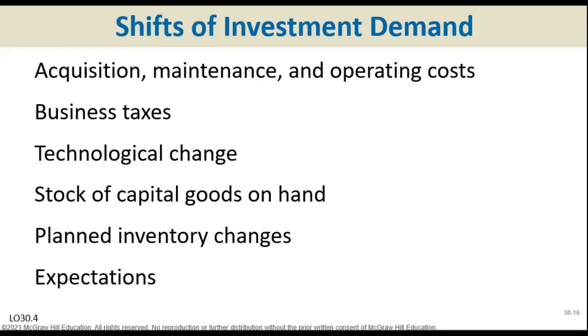If you plan to decrease inventory, investment demand shifts to the left, because you need to decrease it. Planned inventory change is based on expectation, either of faster sales growth or slower sales growth.